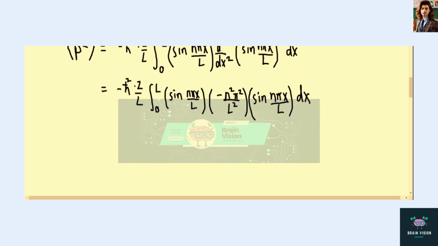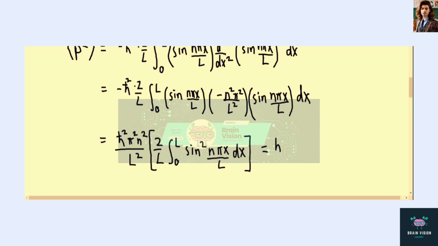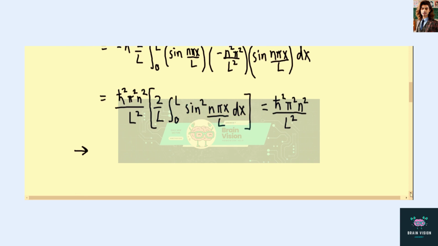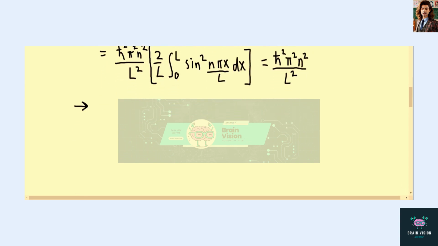We scroll down, and this evaluates to a positive constant that's proportional to n squared times an integral, which as we see is really just 1 because the wave function is normalized. This is the integral of the square of the wave function, which is 1. So we end up with the expectation value of the square of the momentum operator being h bar squared pi squared n squared over L squared. And this, along with the average momentum being 0, allows us to get the uncertainty in the momentum.